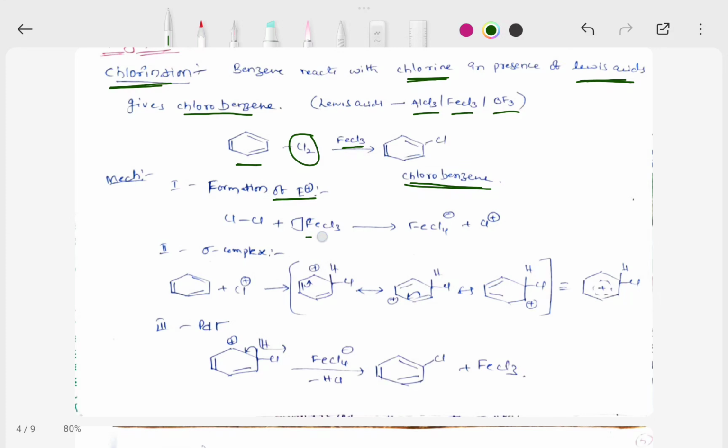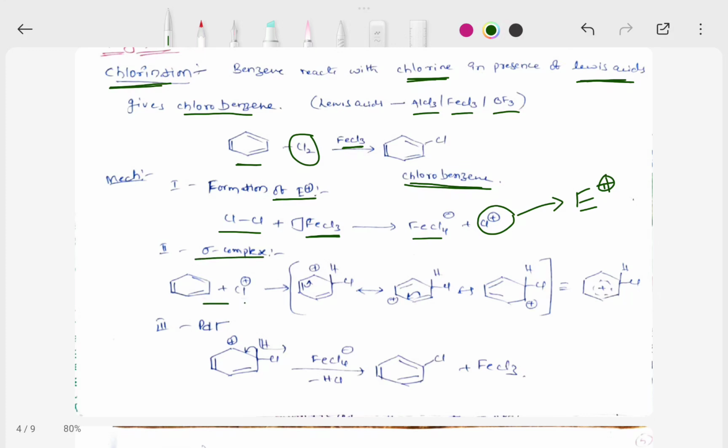In the presence of Lewis acid, chlorine undergoes ionization to form Cl+ and FeCl4-. In this reaction, Cl+ is the electrophile. The second step, sigma complex.